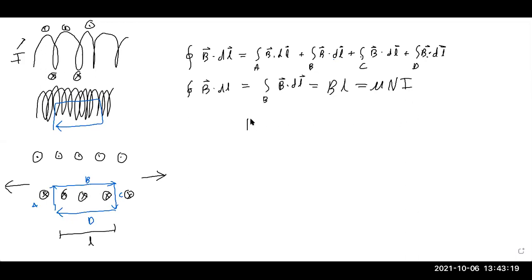So the magnetic field inside of that solenoid is B = mu naught n I, where lowercase n is how many turns per meter, or how many loops per unit length there is in this solenoid.